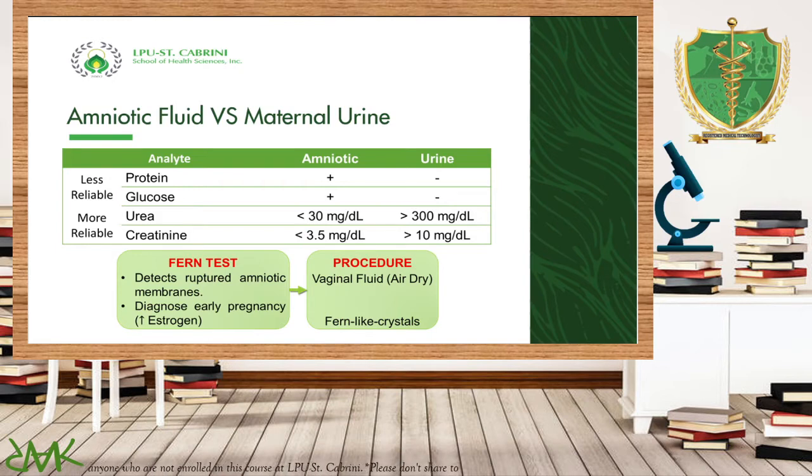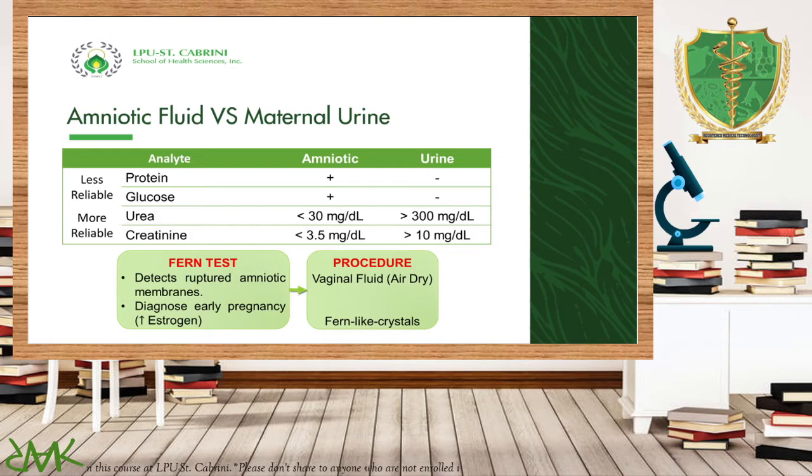On the other hand, the amount of urea in the amniotic fluid will not exceed 30 milligrams per deciliter, and urine contains as high as 300 milligrams per deciliter of urea.